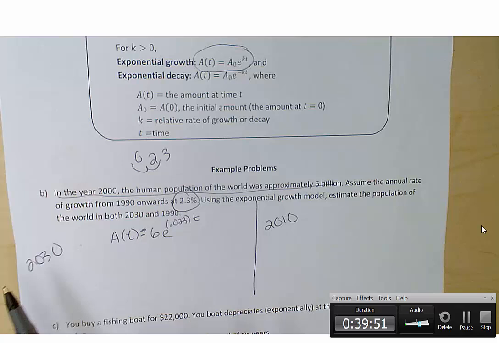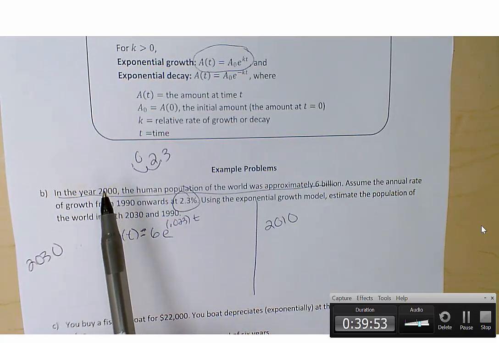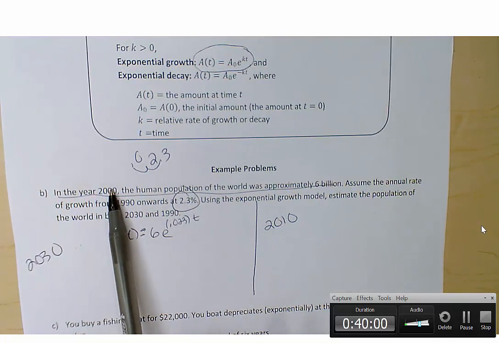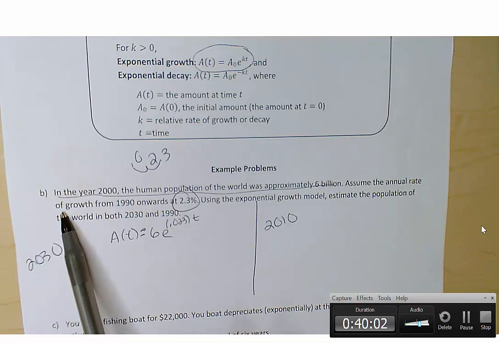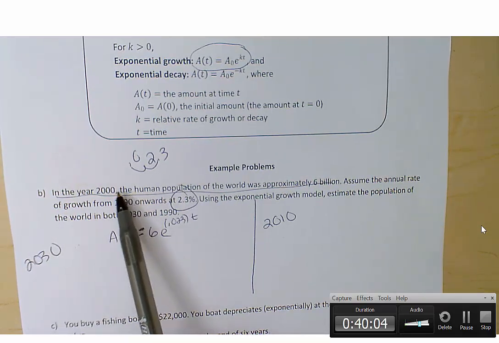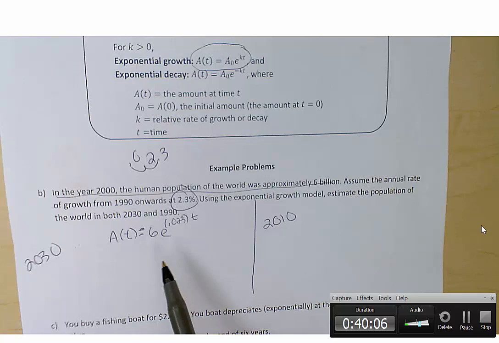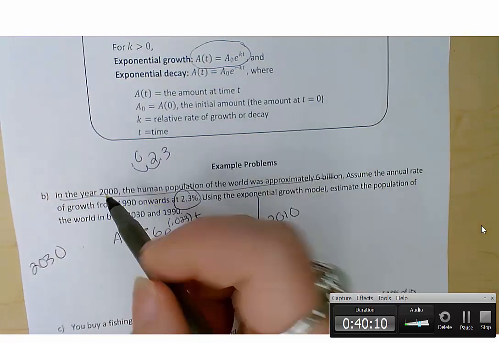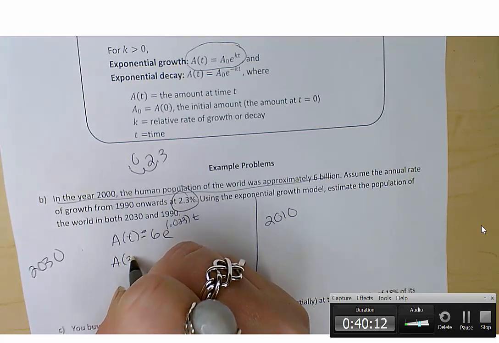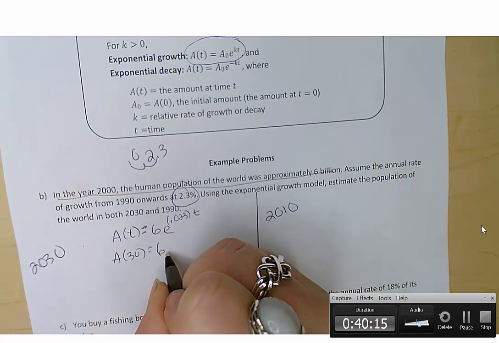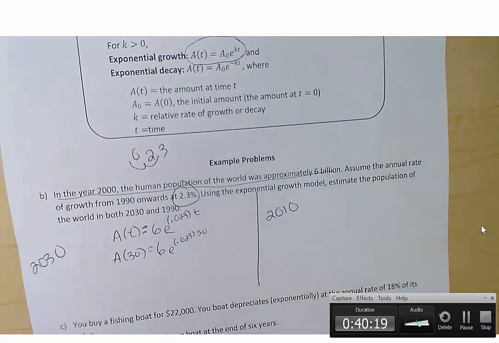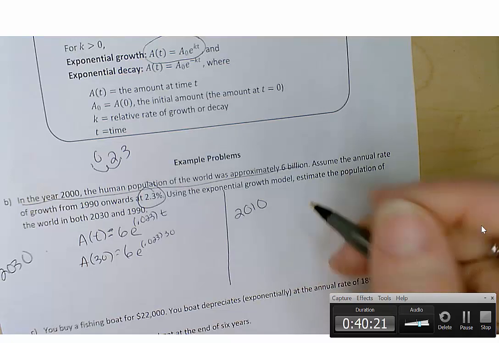Now, for the population in 2030, again, think of the year 2000 as our 0 point, our starting point, our origin. From 2000 to 2030, that is a difference of 30 years. So that difference of 30 years is our time. Time is going to be 30 for this one, so we're simply going to plug that in for our t, and calculate that.